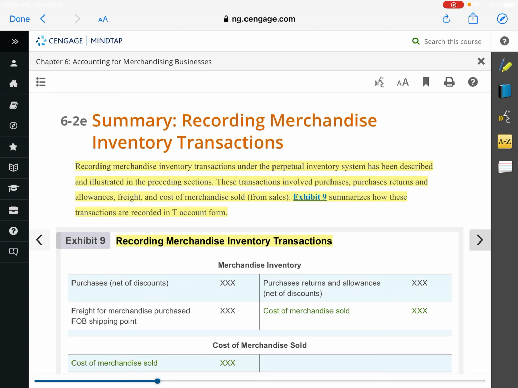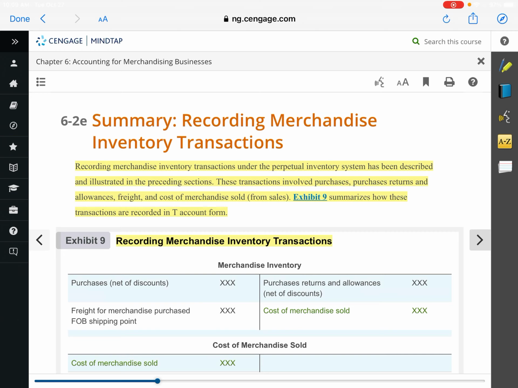So any purchases that we make, that's going to increase our merchandise inventory. What else would increase it? Freight for merchandise that we purchased, as long as the shipping terms were FOB shipping point. If it's FOB destination, we don't assume any ownership while it's being shipped, so we can't claim that cost was associated with bringing that merchandise into our warehouse or into our store. So only FOB shipping point can be added to the merchandise inventory cost.